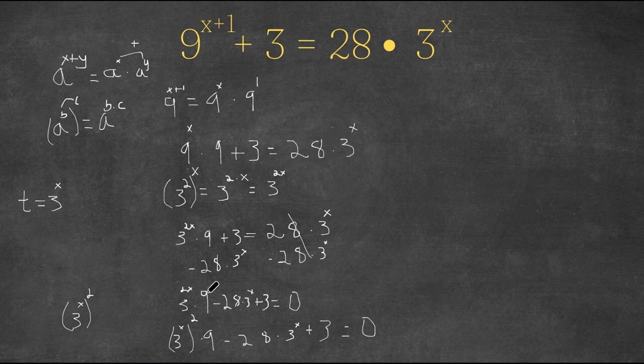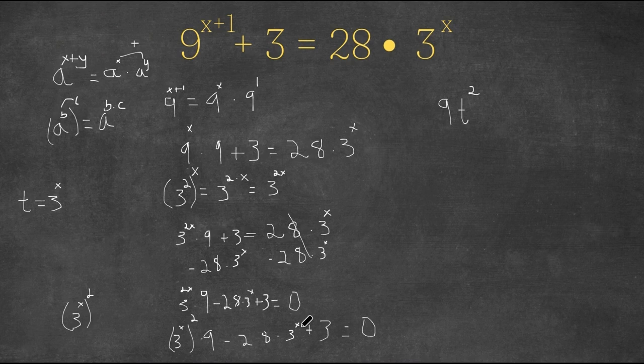So now what we're going to do is replace all our 3 to the power of x's with t's. So our first thing is 3 to the power of x squared. That's going to be t squared. And we have a 9 here, so this is going to be 9t squared. And then we have minus 28 times 3 to the power of x.